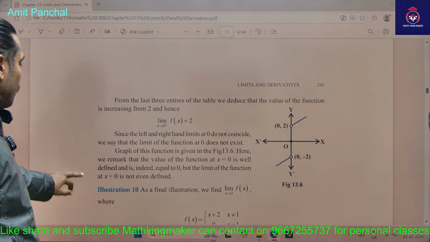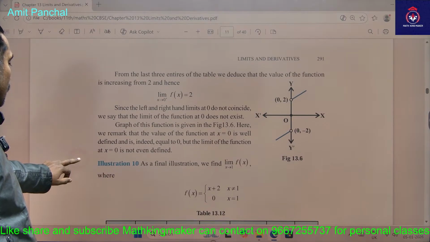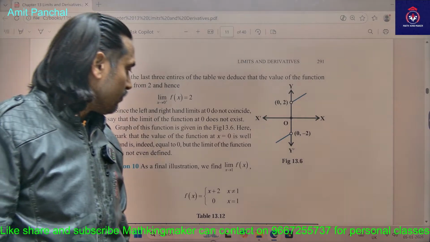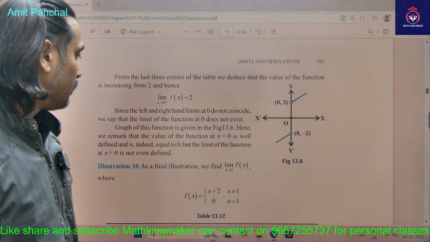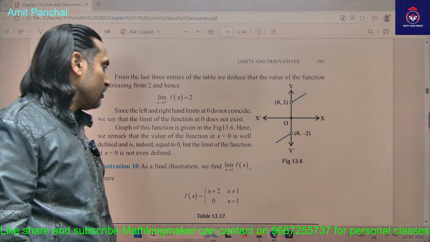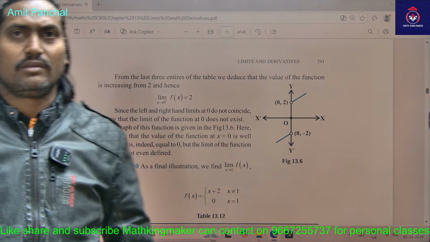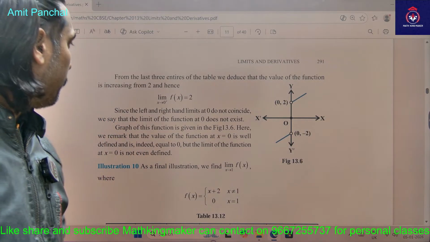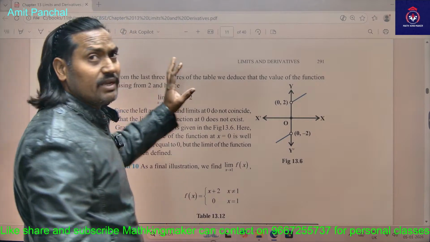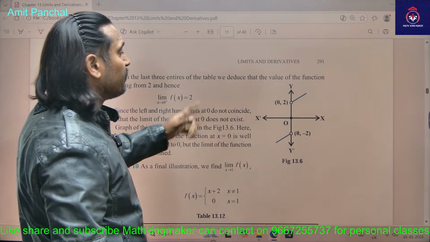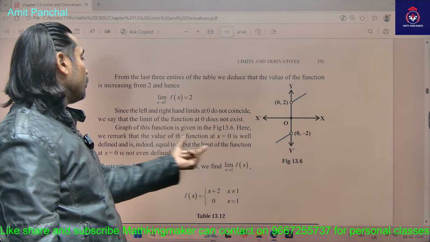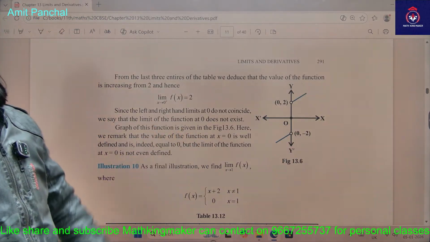Okay. So now this question, example number 10, just try to do it for the value of x tending to 1. Just find the limit as x tends to 1 of f(x). So if we are not getting the same result for the left hand limit and right hand limit and the function value at that particular point, then we say that the limit of this function is not defined at x equal to 0.